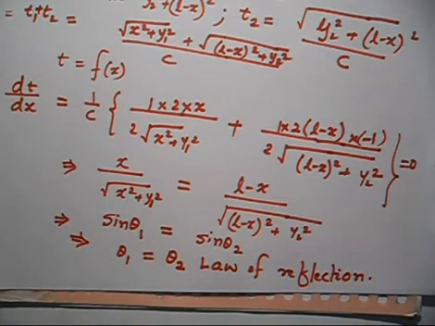Even using Fermat's principle, we will derive the law of refraction also. We'll discuss that in the next problem. Now you see in this problem what we have done. So what is Fermat's principle? If a given light ray has many paths available from 1 to 2, it will choose the path that will take the least time.